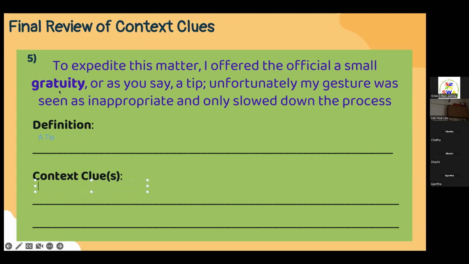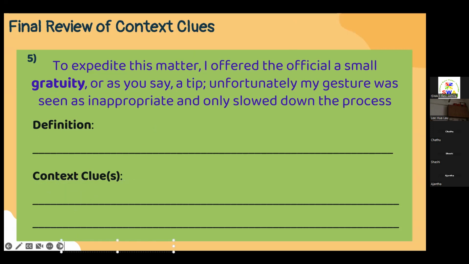I think in the earlier part I mentioned that you can also look at sentences that define the word. This is one of the sentences that actually defines the word, because or as you say is telling you that, in other words, it is a tip. So this is a definition context clue. Okay, very good, Bhumi. Now we move on to the next.